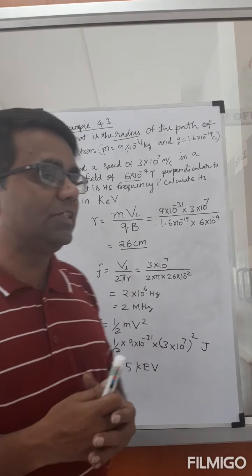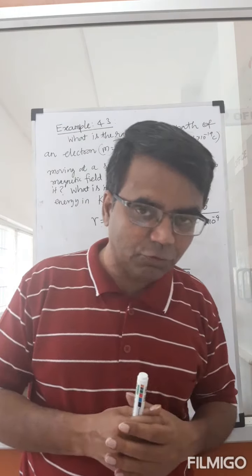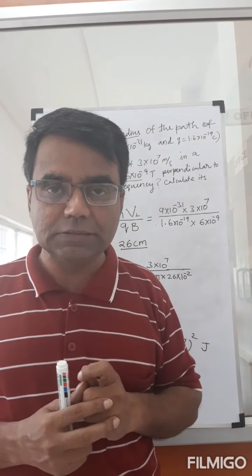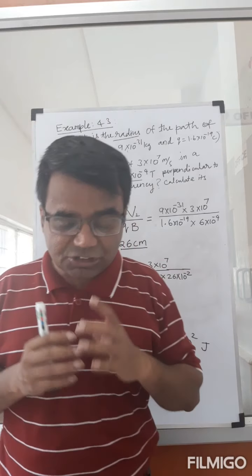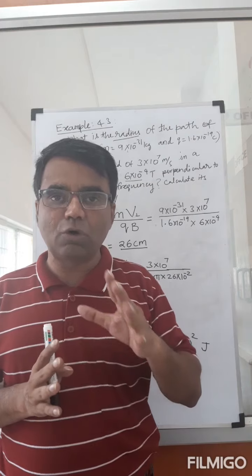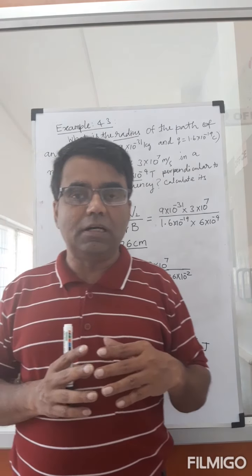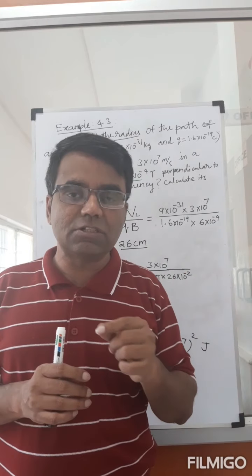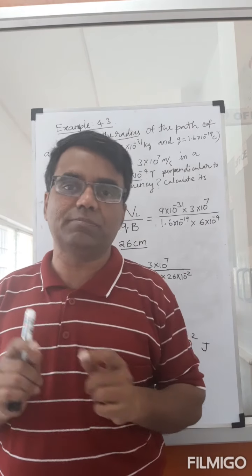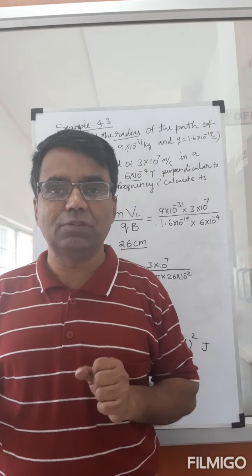The one thing that you need to understand is that this magnetic force which is acting on the charge does not change the kinetic energy of the charge. Why? The force does not change the speed. It changes the velocity, but doesn't change the speed.